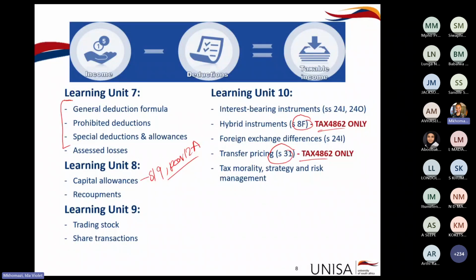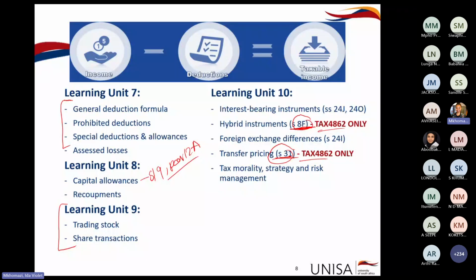So that section that refers to your compromise of debt or your debt benefit is no longer in scope for text 4861. LU9, everything is in scope for both levels. LU10, as I've mentioned, 8F and 31 are excluded for level 1.